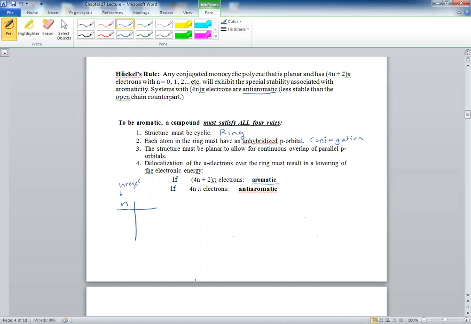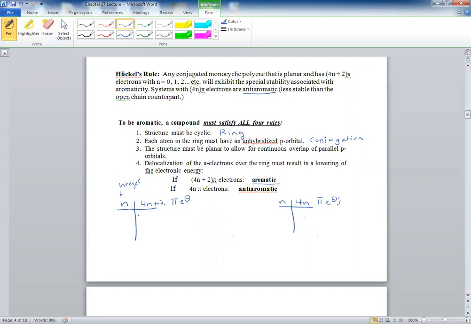We're not doing any fancy math here. You will pick it up in a second. And then you have a 4n plus 2 here, and then we'll do one for the anti-aromatic, 4n, pi electrons. Okay, so let's look at that.